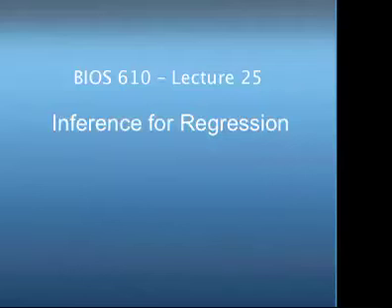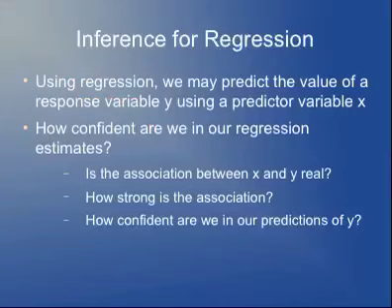Anyway, inference for regression today. On Wednesday, we discussed how you can use regression to predict the value of a response variable y using a predictor variable x, but there are still questions that we may want to answer in the context of regression.